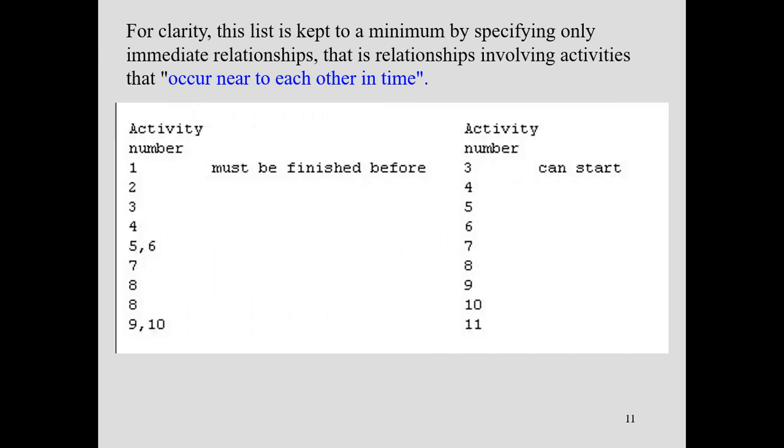Then we can draw a network graph only if we know the interrelationship between the different activities. Activity 1 must be finished before 3; in order to start 3, we must finish 1.